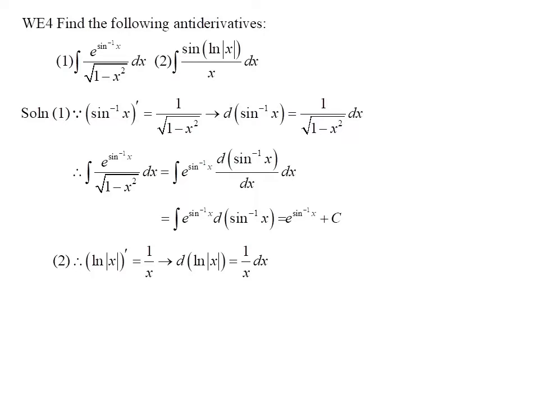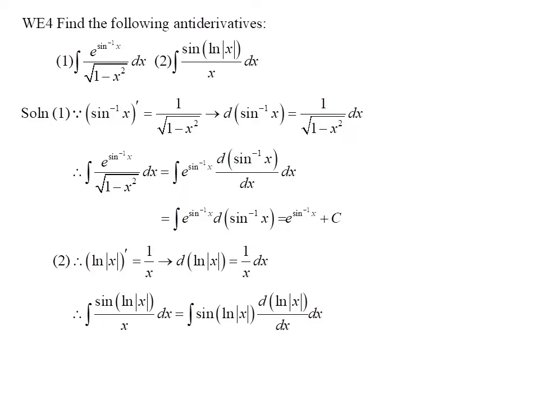As for the second antiderivative, since the differentiation of ln of modulus of x equals 1 over x, d ln of modulus x can be written as 1 over x dx.